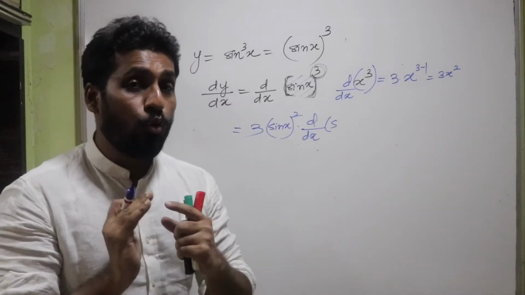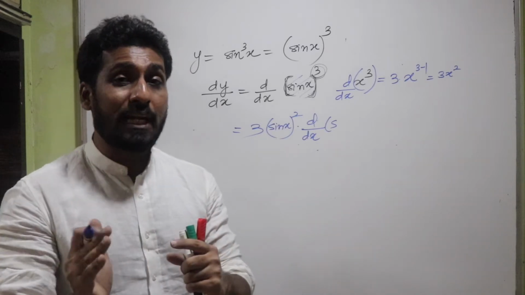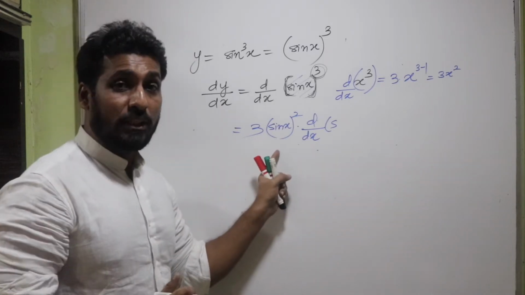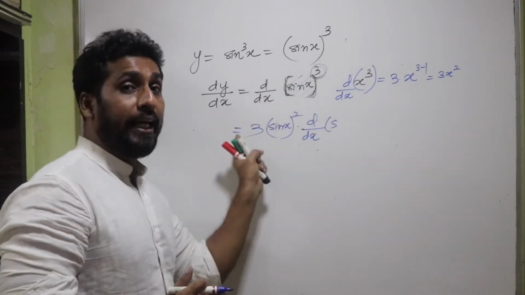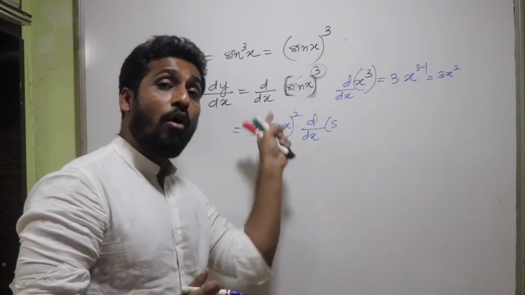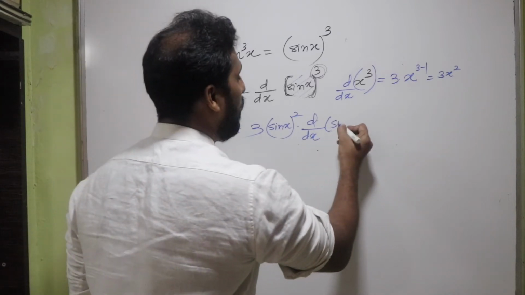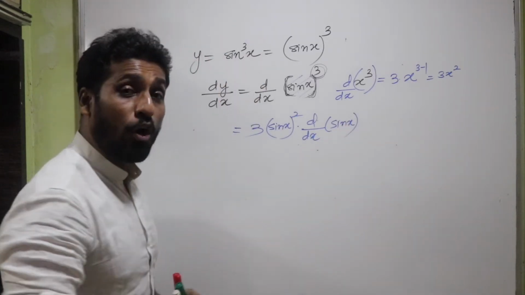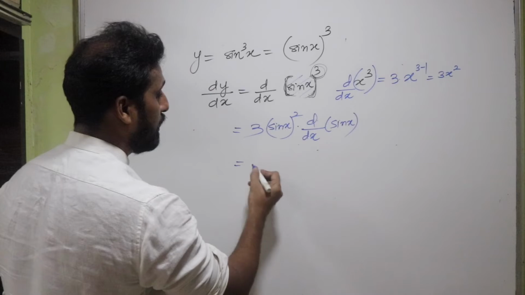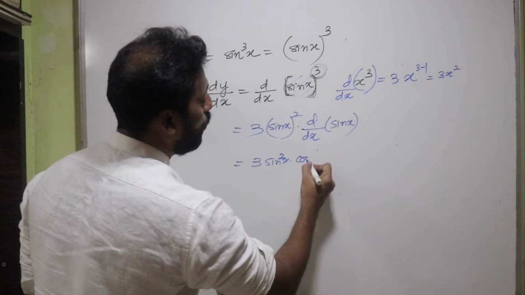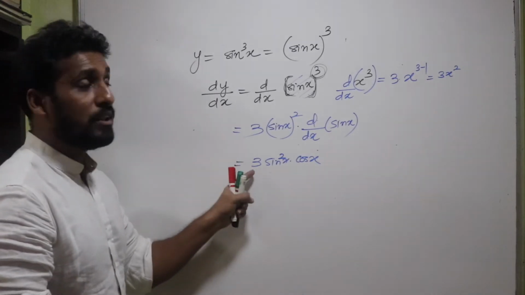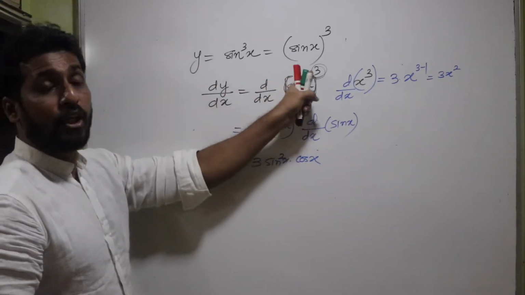Remember, you have to know your concepts first and then you can apply it into the question. So this was u cube. Derivative of u cube is 3u square. Again derivative of u. So derivative of sine x. Getting or not? So what is derivative of sine x? It is cos x. So I write 3 sine square x into cos x. That's the answer for derivative of sine cube x.